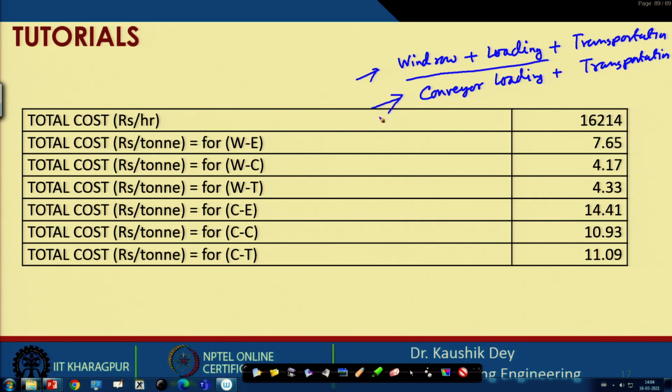So, that is why this part plus the loading must be considered to compare this with this system. Okay. So, this is the essential requirement.